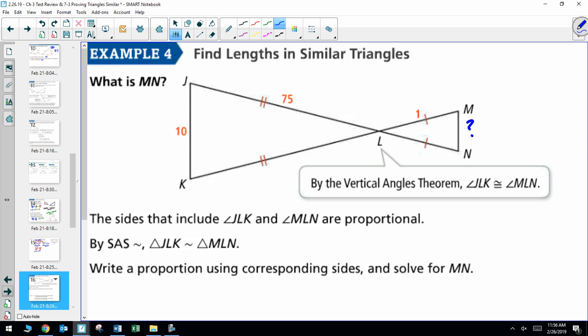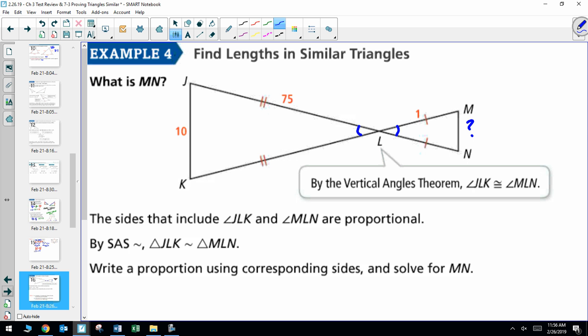If I know that these sides are equal, these sides are equal, and these angles are equal because they're across from each other, then by side angle side, these are proportional to each other. So if I want to find out what this side length is, I need to know what my scale factor is between these two.